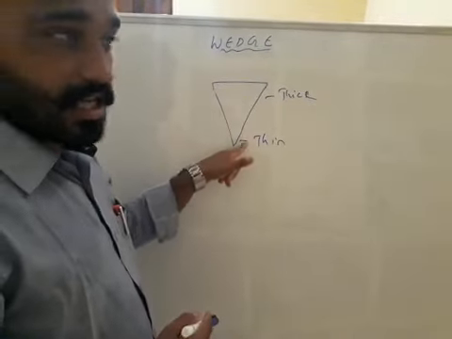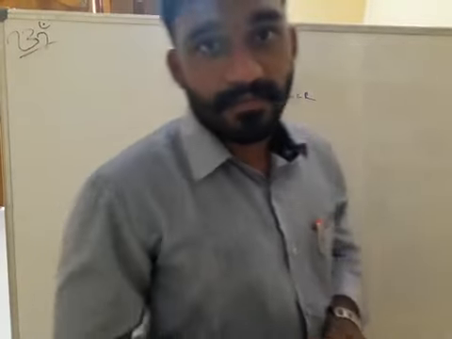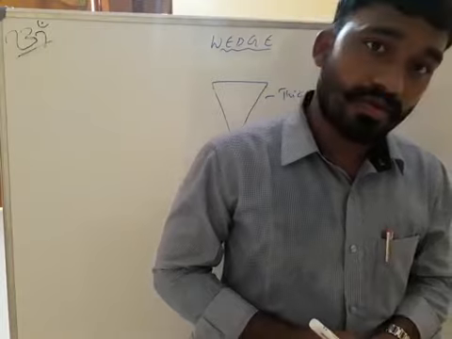That's why one part is narrow, another part is broad. One part is thin, another part is thick. Understood?